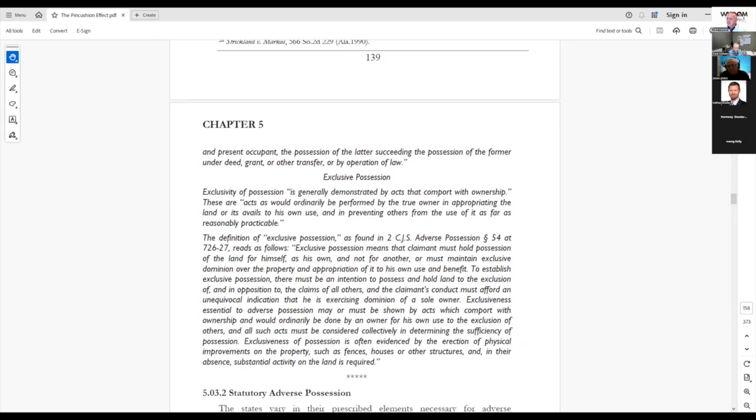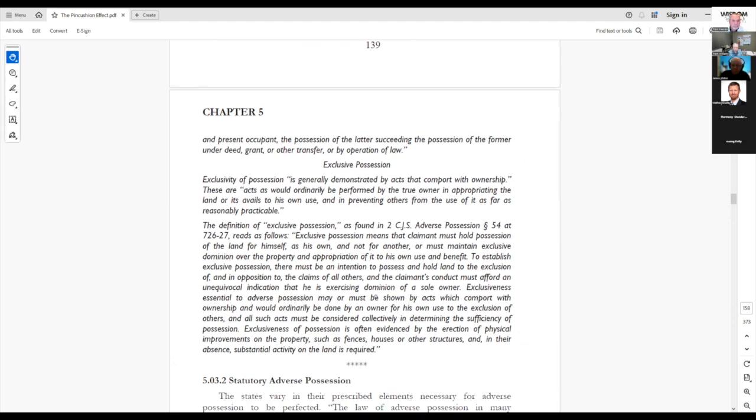Exclusive possession. Exclusive possession is generally demonstrated by acts that comport with ownership. These are acts as would ordinarily be performed by the true owner in appropriating the land or its avail to his own use, and in preventing others from the use of it as far as reasonably practical. So it needs to be just yours.